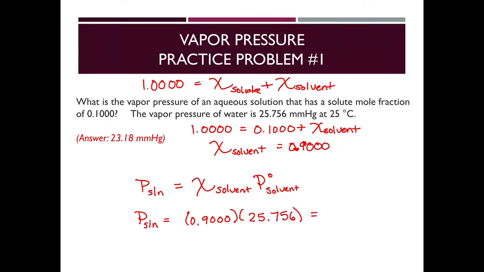Multiply that out, and we will get 23.18 millimeters of mercury. And here, it doesn't matter if you do these calculations in millimeters of mercury or torr or atmospheres. Just make sure you're consistent throughout.